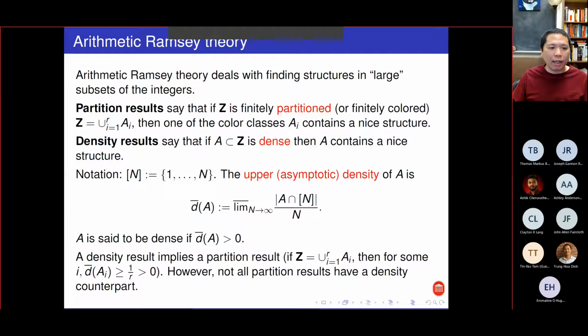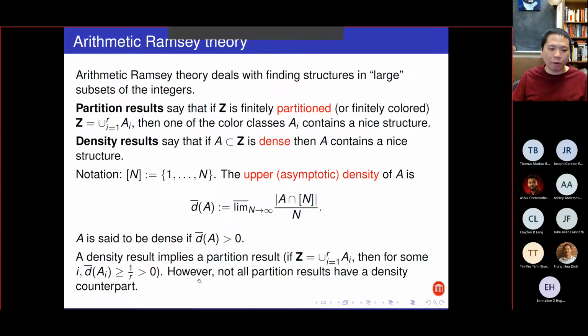So the second kind of results, the density results, always imply a partition result, because if you have a partition, so Z is the union of the sets A_i, then some of those sets A_i has density at least 1/r.